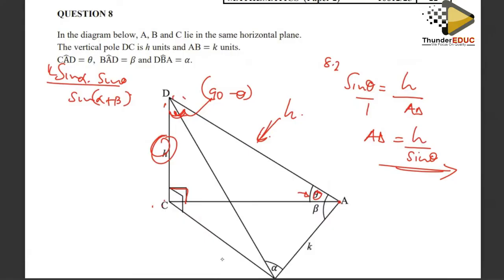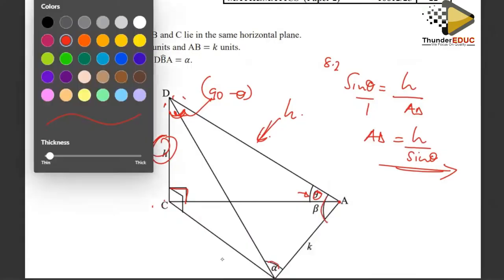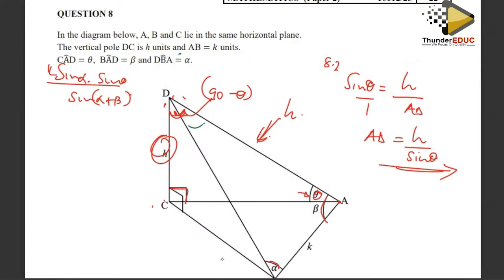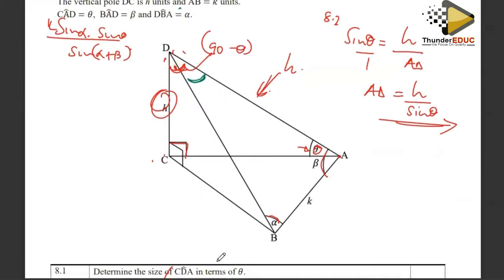Now, if this angle here is alpha, this angle is a beta, it simply means that this angle here, let's look at our BDA, is going to be 180 minus the alpha plus beta. Okay, so this is the angle BDA.